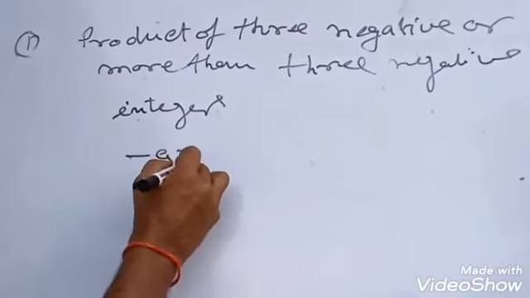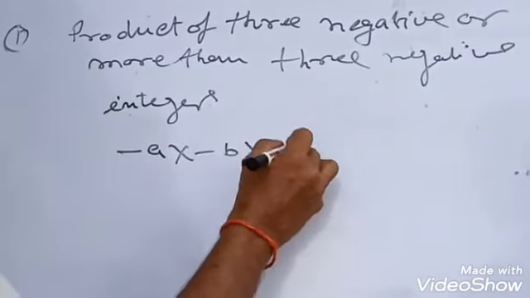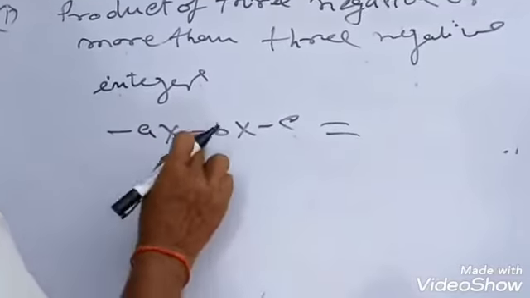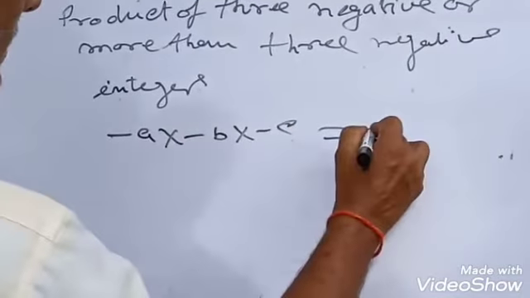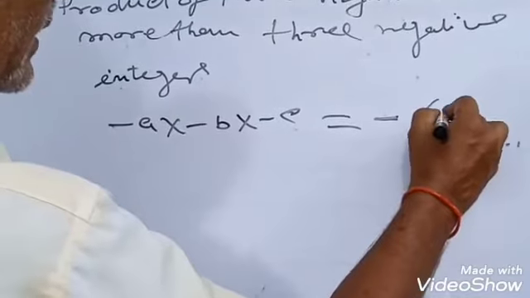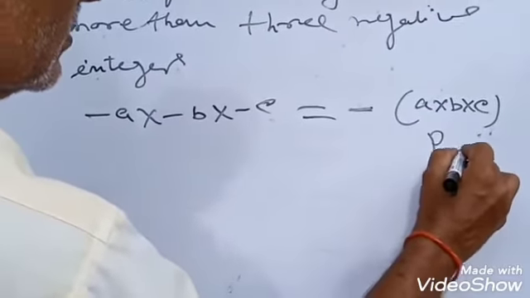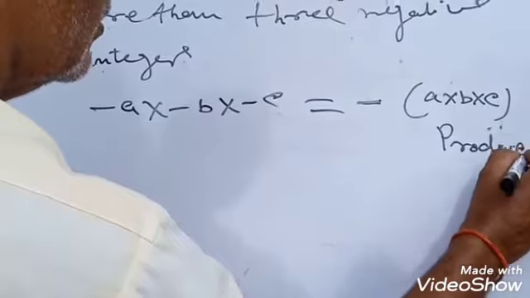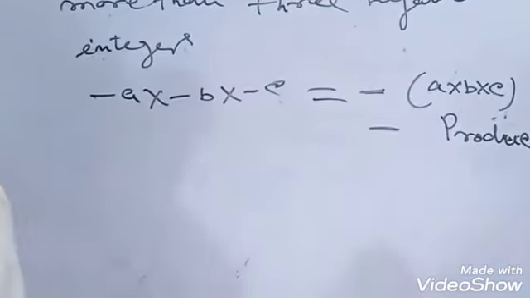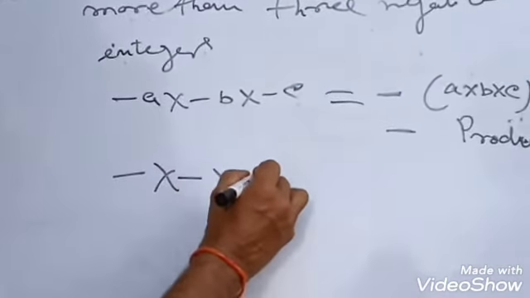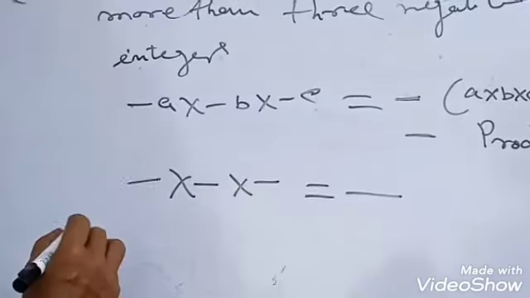That is minus a into minus b into minus c is equal to minus into minus plus, that is minus a into b into c. The product sign is negative. It means minus into minus into minus is equal to minus.